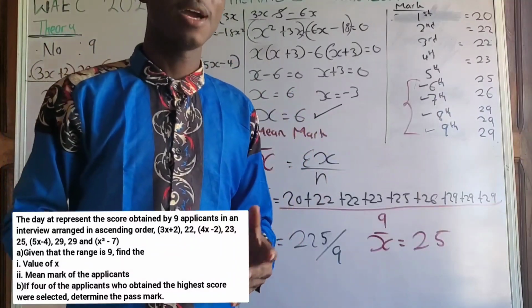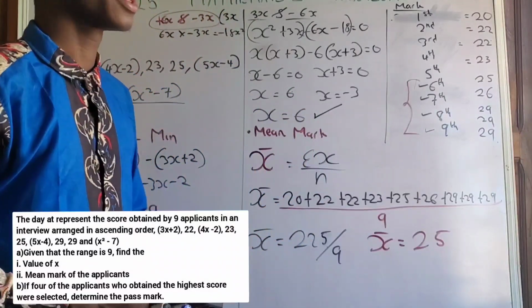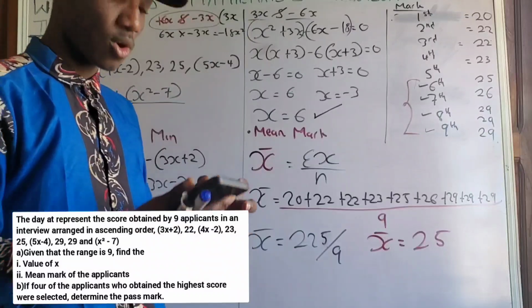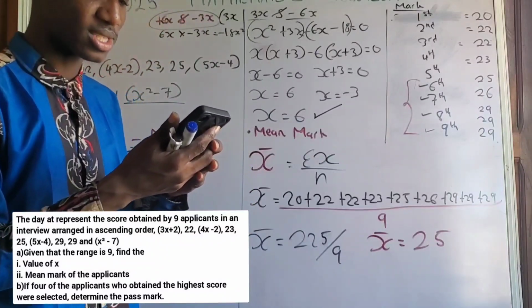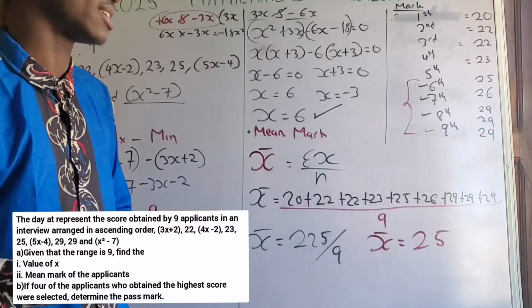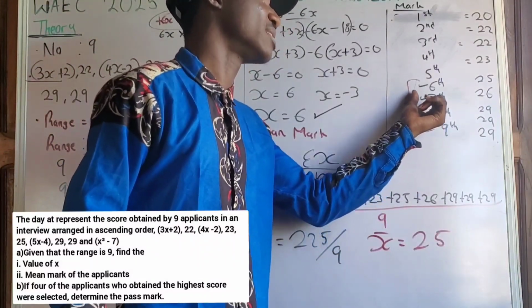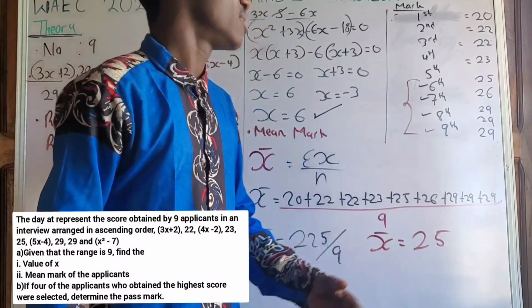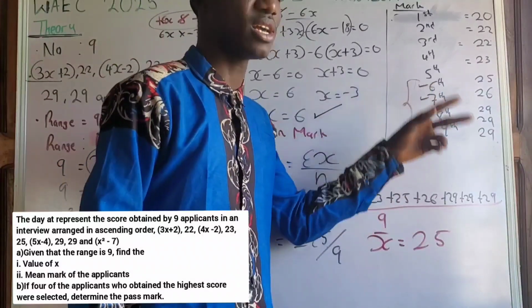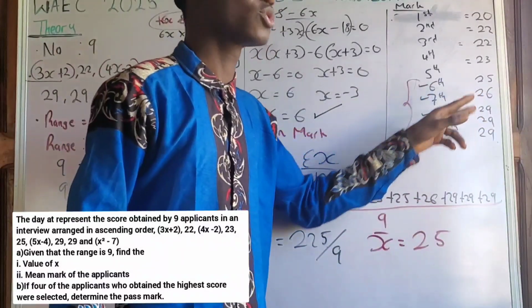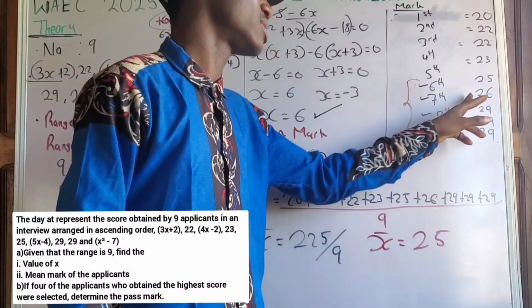Do you get it? Listen to the explanation again. If 4 of the applicants that obtained the highest score were selected, we are going to select the 9th, the 8th, the 7th, and the 6th. The 5th will not be selected because it doesn't reach 26. That means that 26 will be the pass mark.